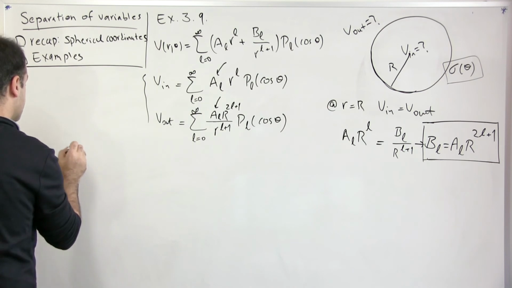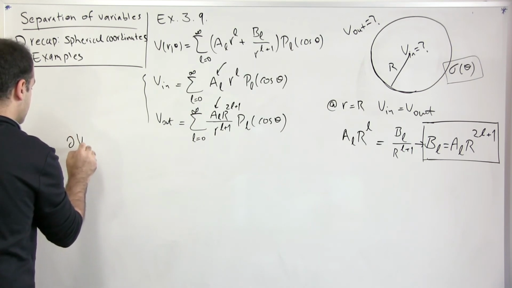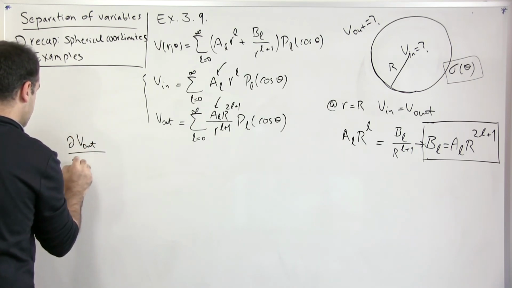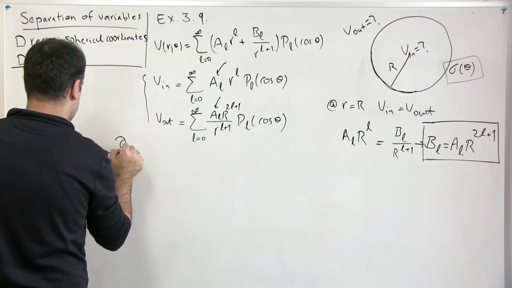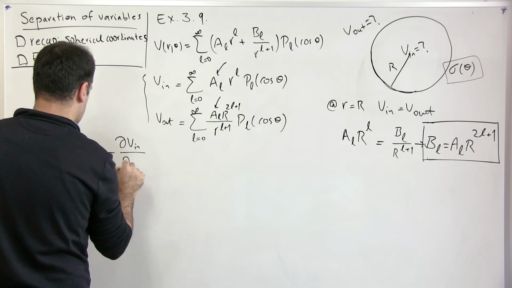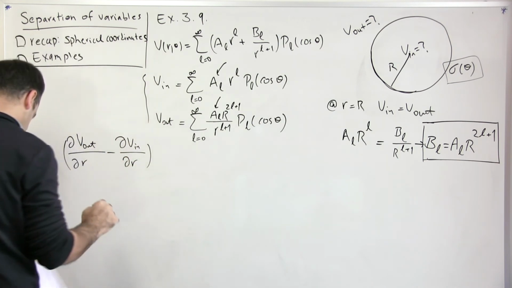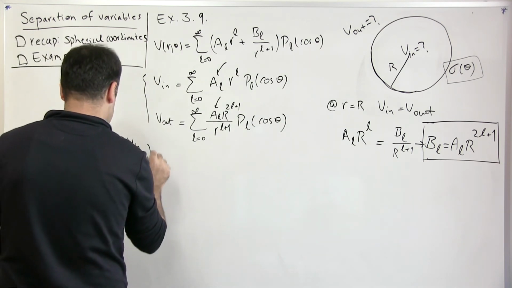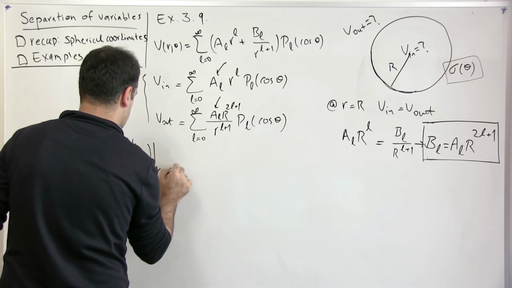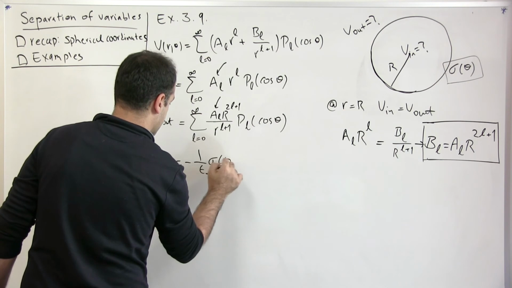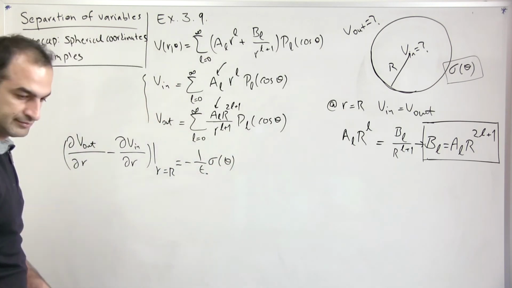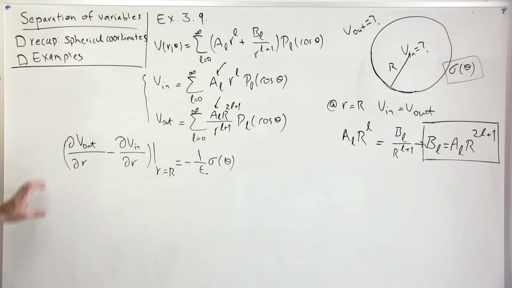The discontinuity equation is dV out over dR minus dV in over dR, at R equals capital R, should be negative 1 over epsilon 0 times sigma of theta.